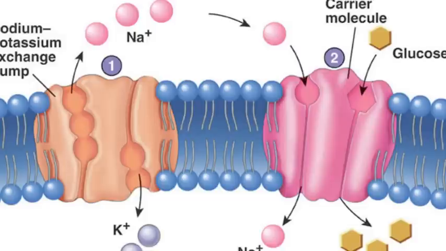But while that sodium is diffusing through that pink protein, that movement of sodium across that pink protein provides energy to the pump, allowing it to move glucose across the protein or across the membrane.